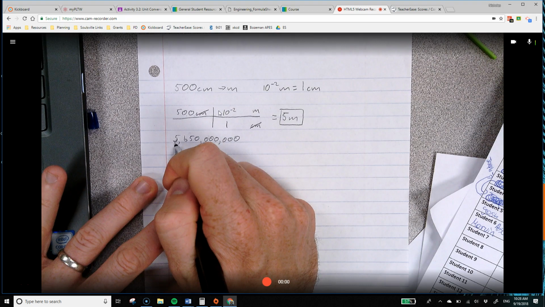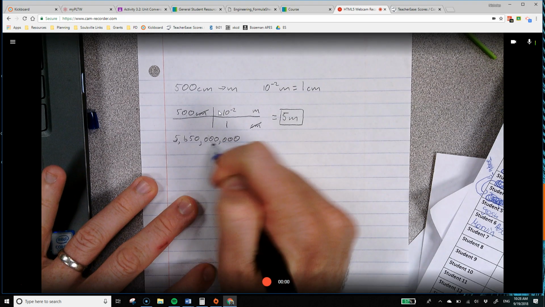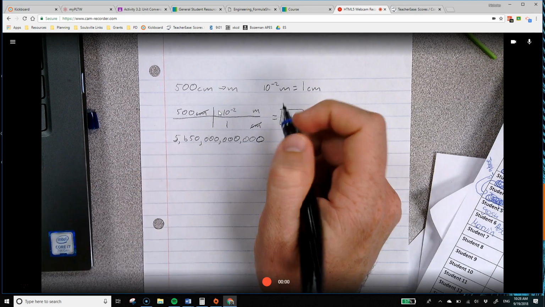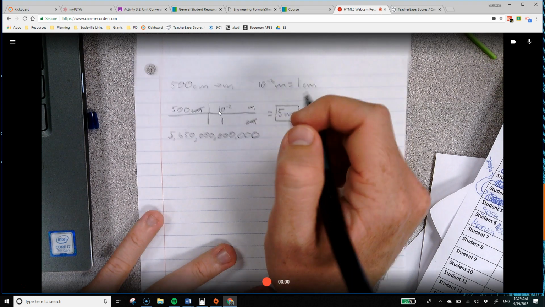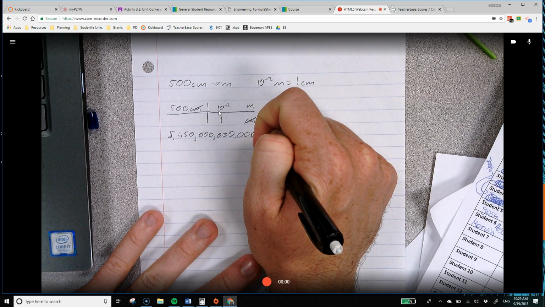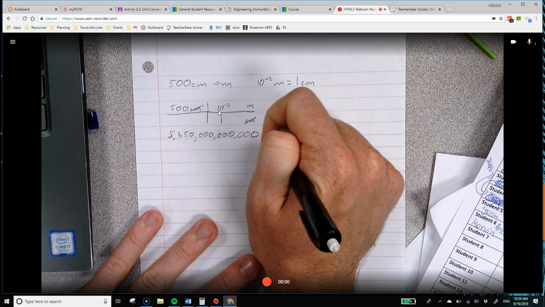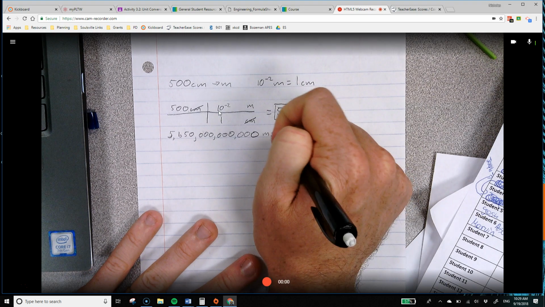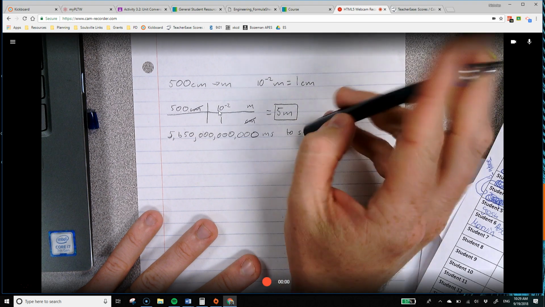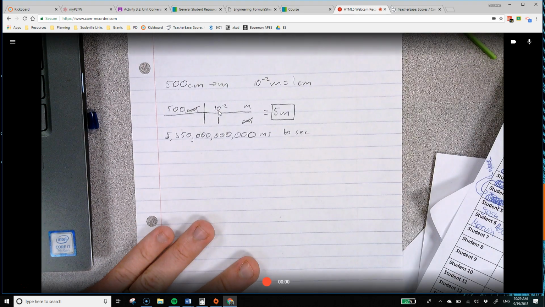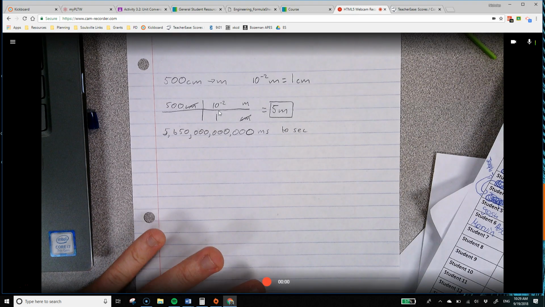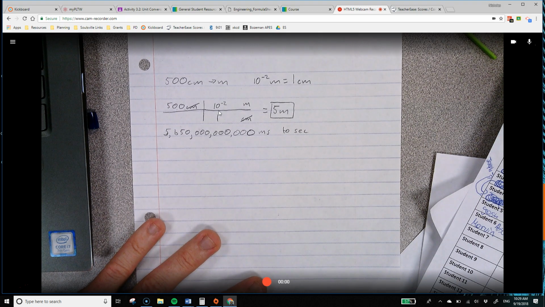Let's see, trillions, billions, millions, thousands, tens, and we're going to do milliseconds, and we're going to convert that to seconds. Well, that's a whole lot of zeros. And if I keep working like this, I'm going to be writing out zeros after zeros after zeros a ton.